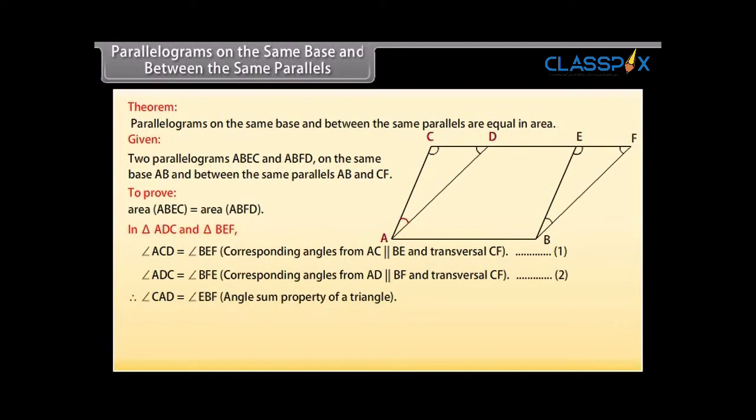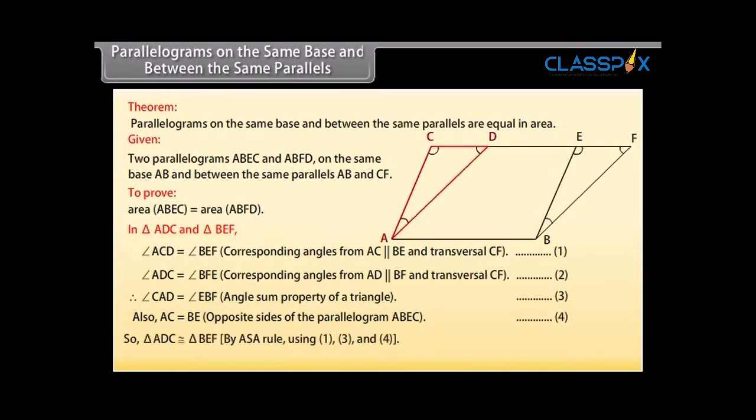Therefore, angle CAD is equal to angle EBF, angle sum property of a triangle. Mark it as 3. Also, AC is equal to BE, opposite sides of the parallelogram ABEC. Mark it as 4. So, triangle ADC is congruent to triangle BEF by ASA rule using 1, 3 and 4.